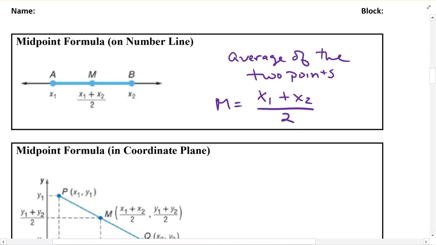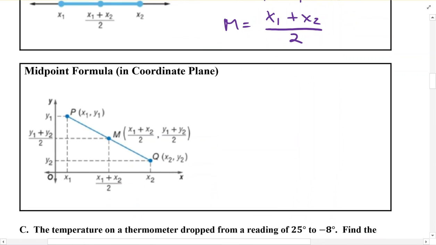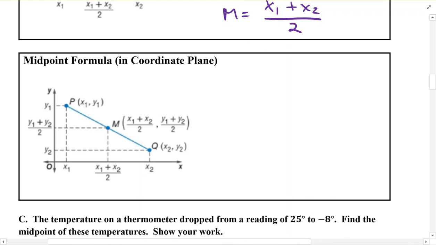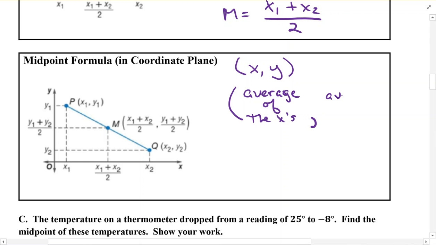It's the same when we look at the coordinate plane. It's the average of the x's and the average of the y's. So remember that the midpoint is going to be a point (x, y). The x part is going to be the average of the x's, comma, the average of the y's.